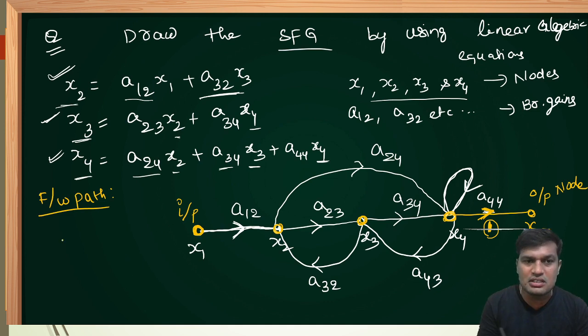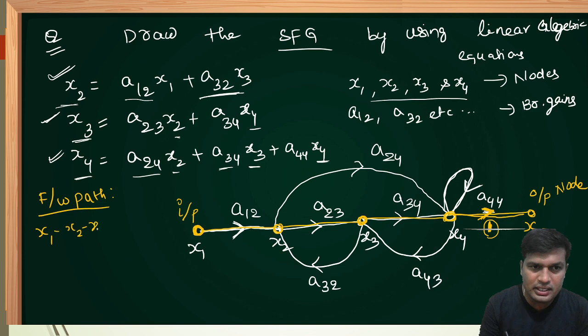Now a path which starts at the input node, that means x1 is the input node: x1, x2, x3, x4, x5. This is one forward path. It starts at input node x1 and ends at output node x5.